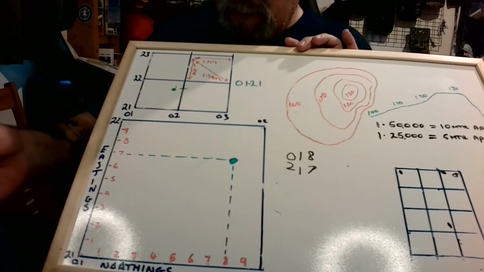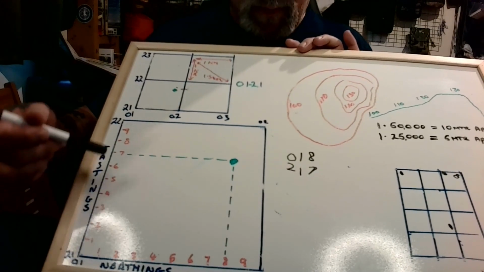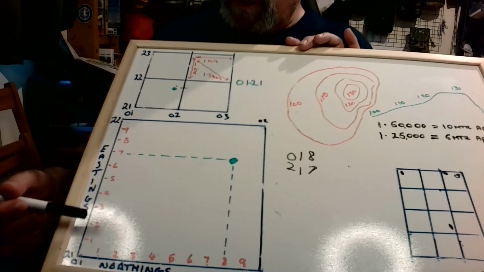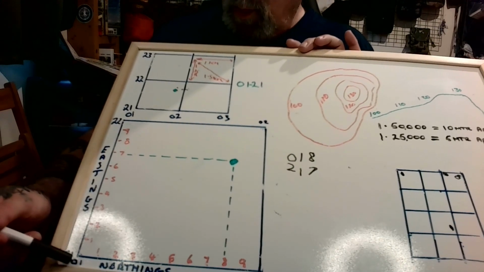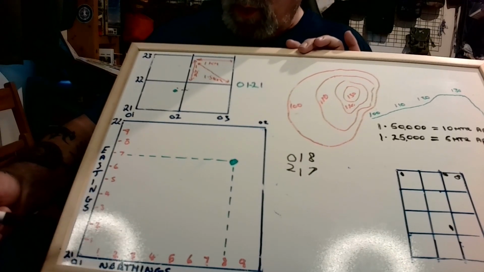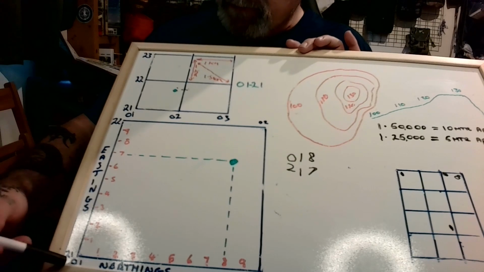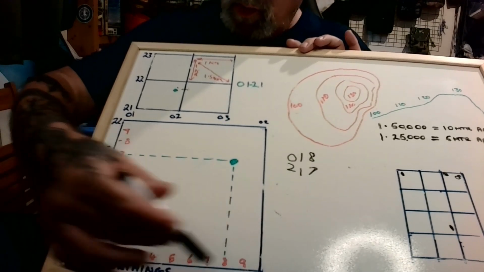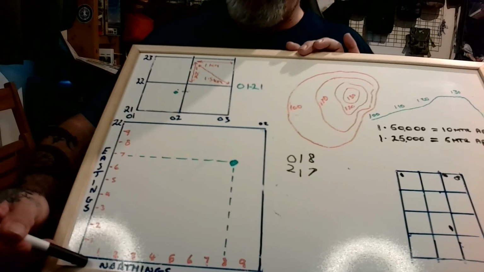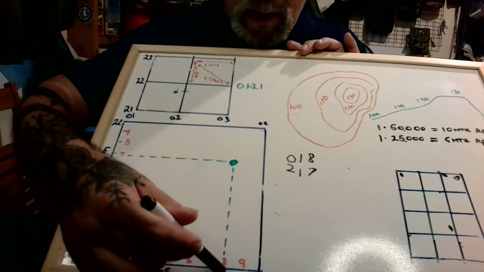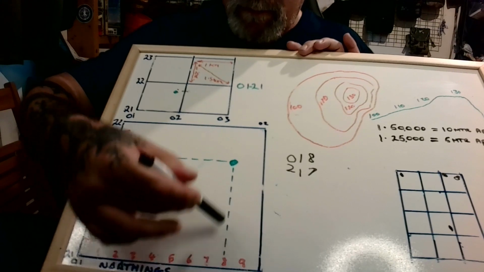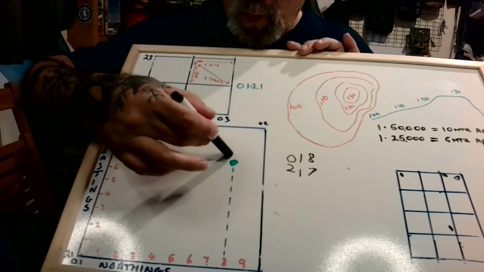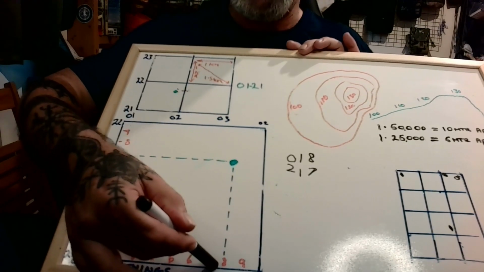That's 8. So what you do to give yourself your 6-figure grid reference is you start again with going along your eastings. So you're going to go across. So it's 0, 1, and it's coming down, or draw a line down. It's 8.